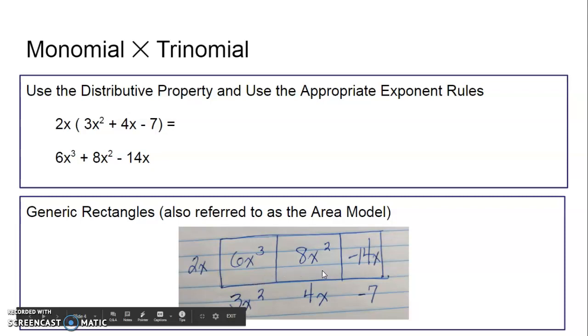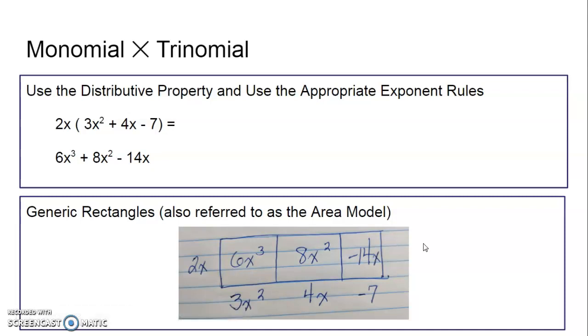So we split it up into 3 sections. And this actually would be the area of that inner rectangle if the dimensions were 2x and 3x squared plus 4x minus 7. I'm hoping you can see how the area model or the generic rectangles actually match the answer above. We will be using generic rectangles to help us visualize factoring as well.